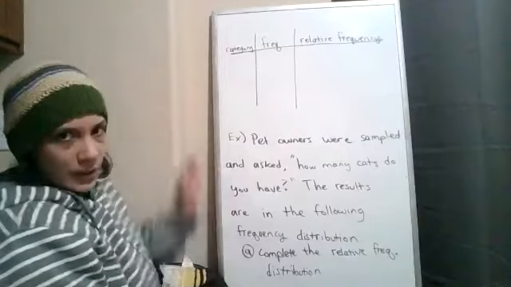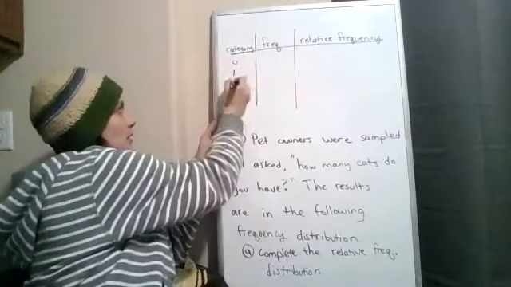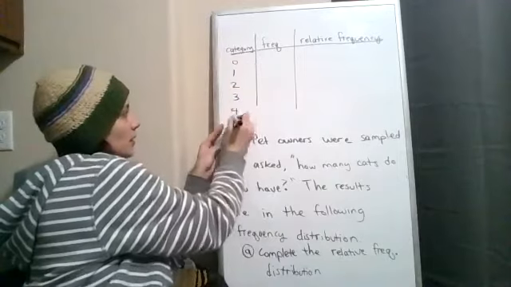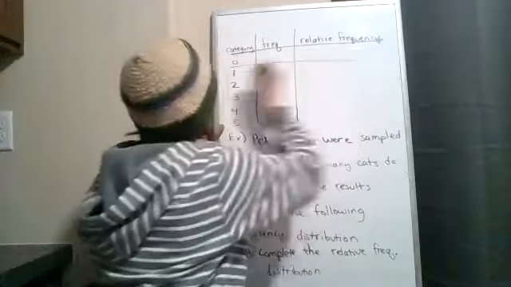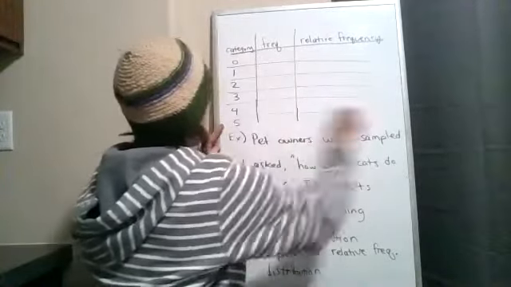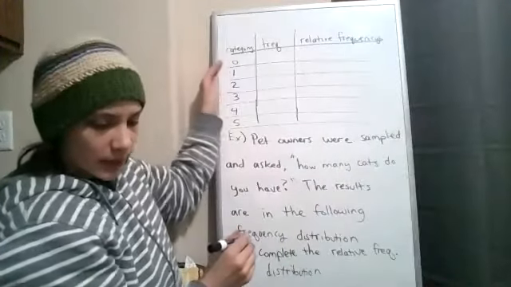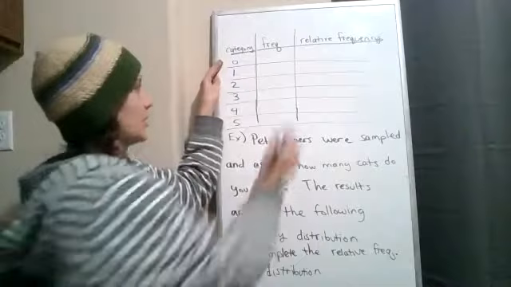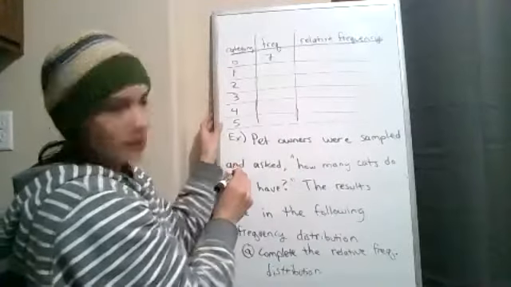Cool. So we went from 0 cats to 5 cats. 0, 1, 2, 3. And then from this sample, there were 7 people who had 0 cats. And 5, 5, 3, 3, 2.